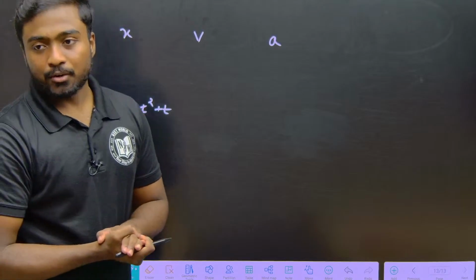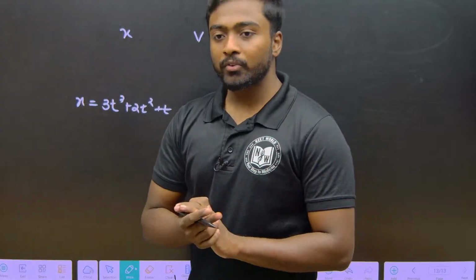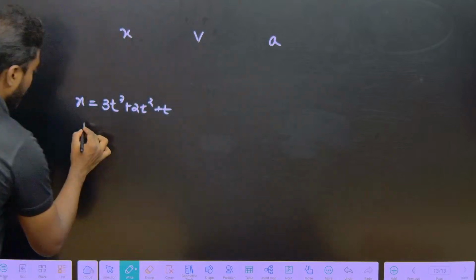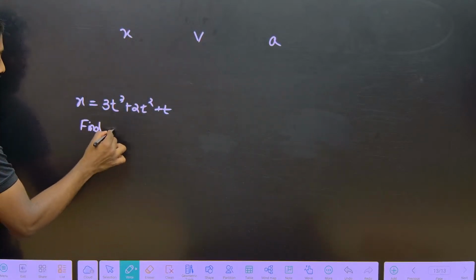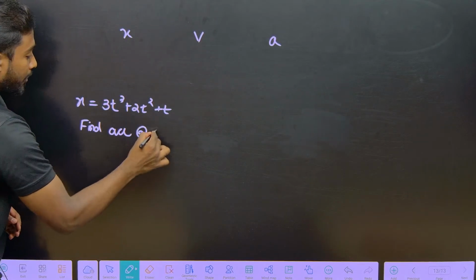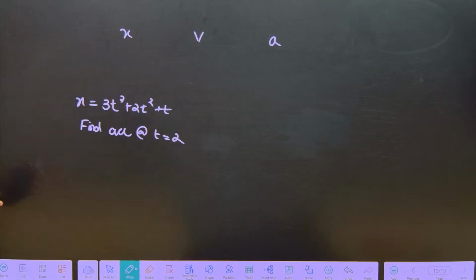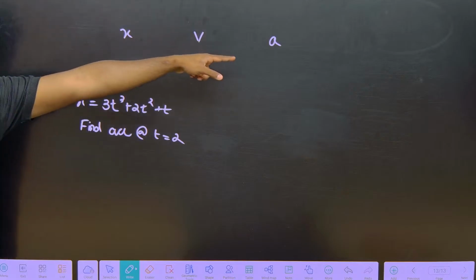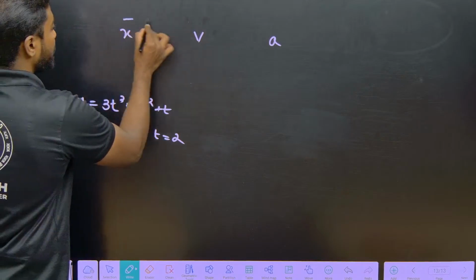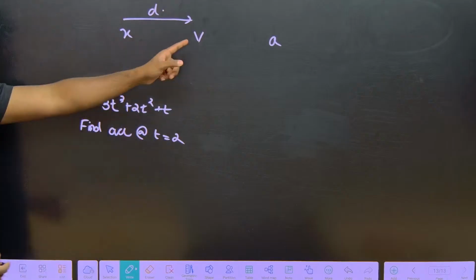This is the equation they have given. Find the acceleration of the particle at t equals 2 seconds. So what should I do? Position they have given, and I need to find the equation of the acceleration. First if you differentiate, you will get velocity.